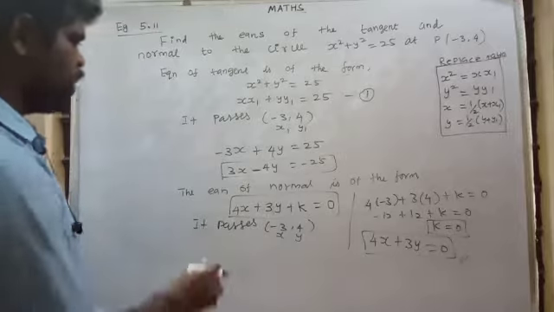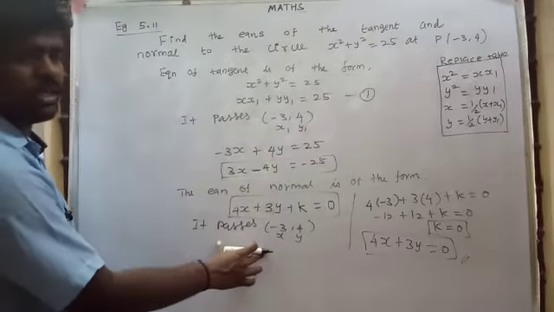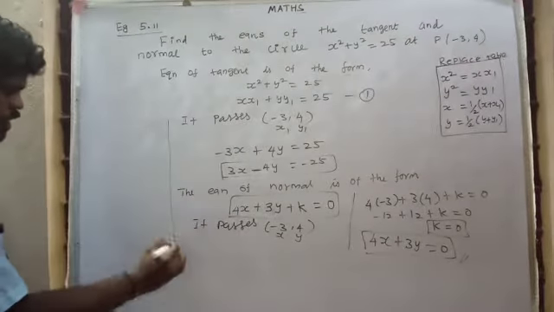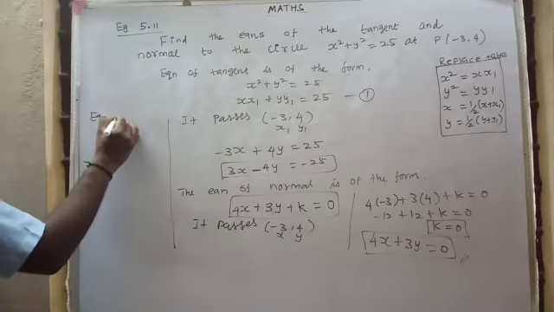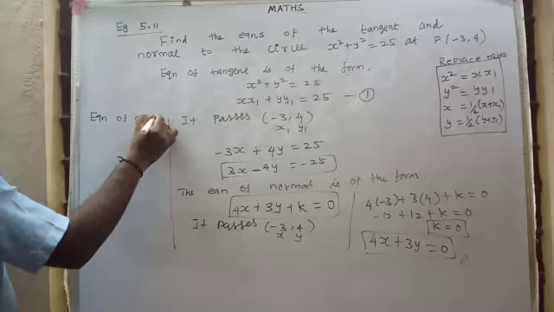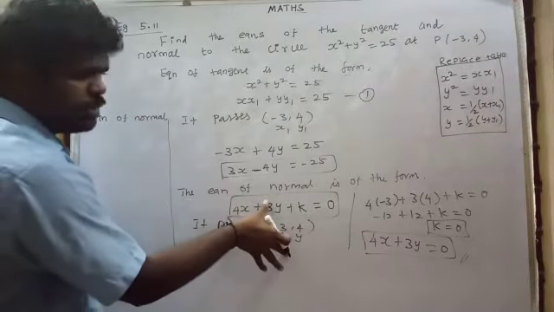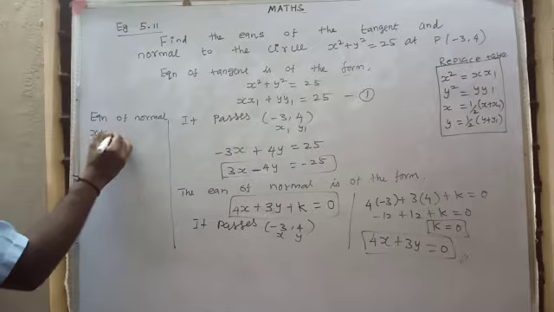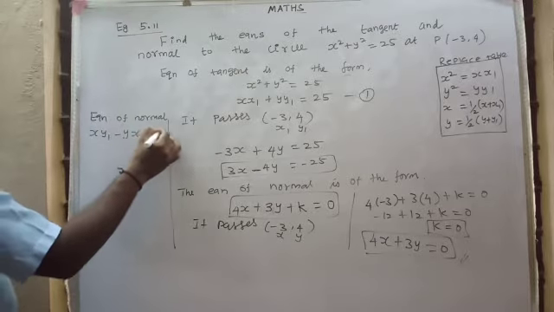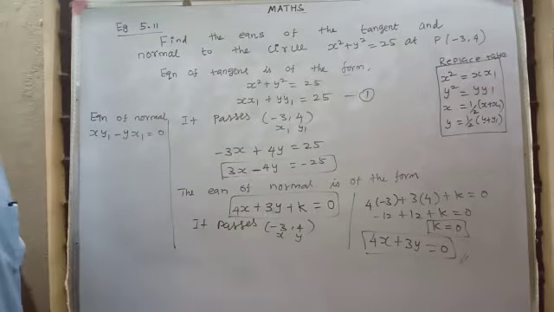Or otherwise, we have another method to find the normal. How to find it? We have a formula. Equation of normal: this is the standard method, and this is the formula method. We have a formula x y1 minus y x1 equal to 0. Right?